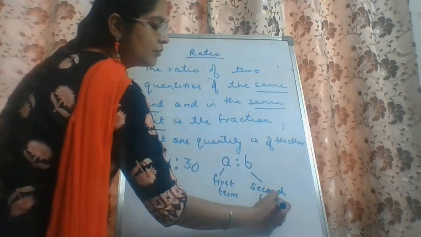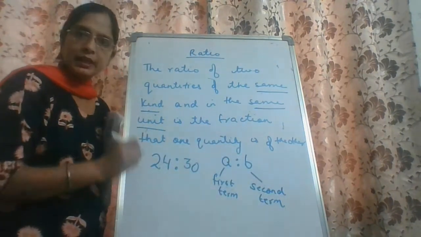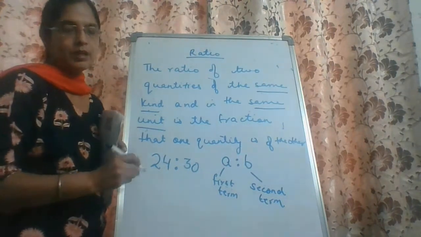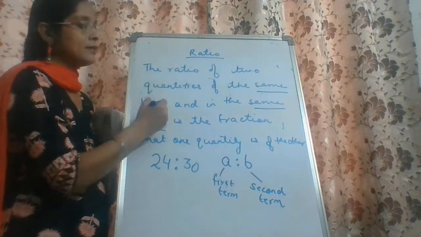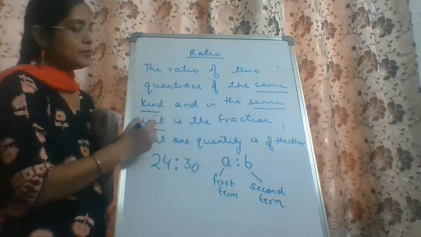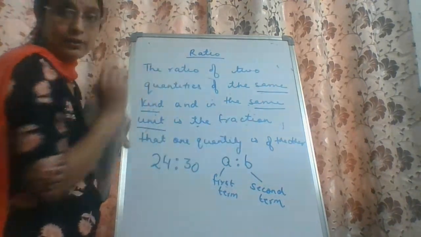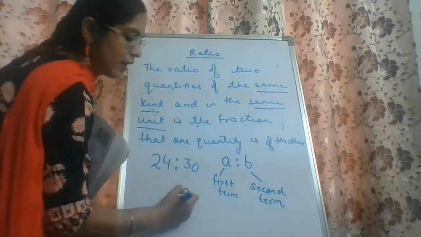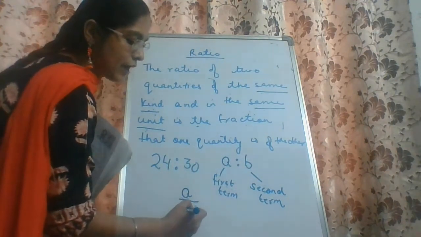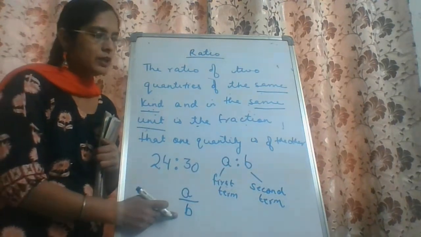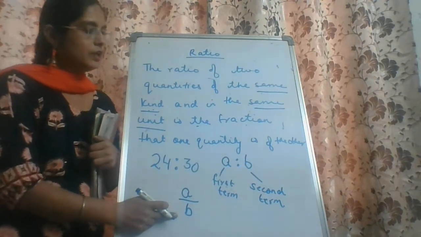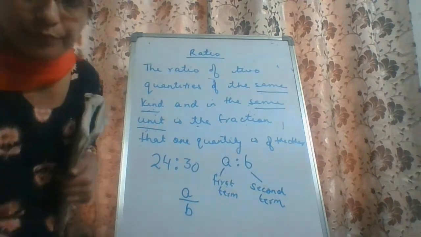Comparison of the two quantities of the same kind and the same unit is the fraction. That means I can write it as the fraction also, of one quantity is of the other.